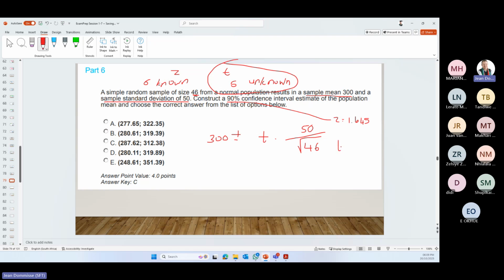The T uses degrees of freedom and alpha divided by 2. So degrees of freedom is n minus 1, so we set with 45. Alpha divided by 2: 10% divided by 2 is 5%, so it's 0.05.